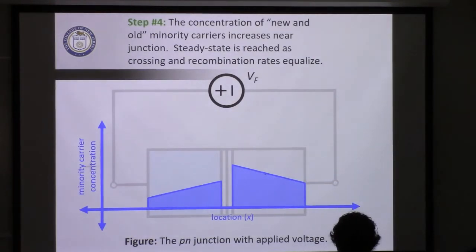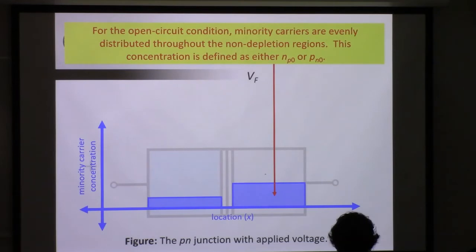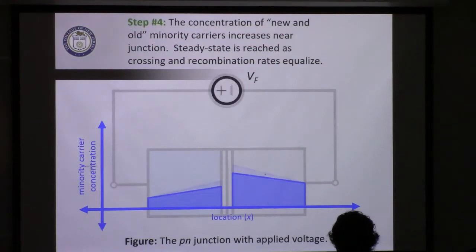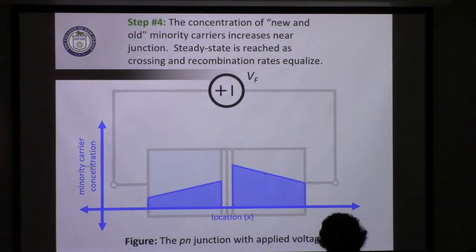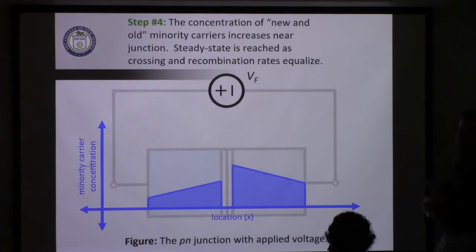If you take away VF, you end up back here. It kills the diffusion. If you apply VF again, it causes the buildup. So this is very much not a permanent process. That's the reason why once you forward bias the diode once, it's not like it conducts forever. As soon as you remove the voltage source, the concentration gradients will go away, the width of the depletion region will go back to what it was originally, and it essentially stops.